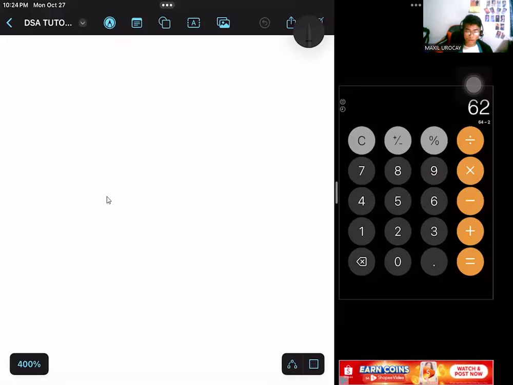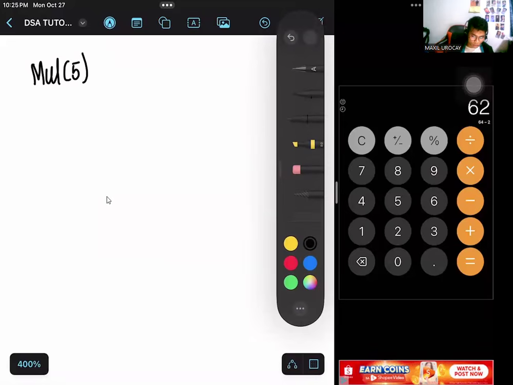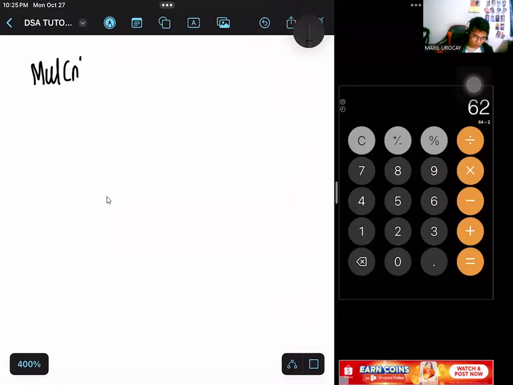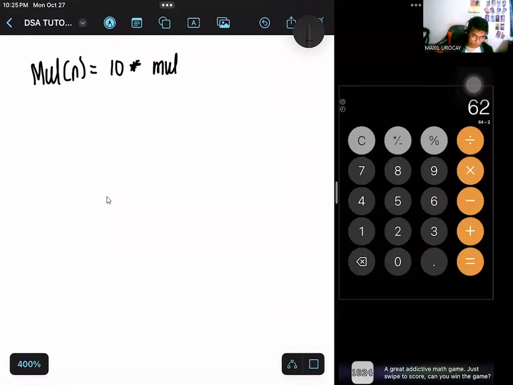So say for example, we are using this formula: mul of n is equal to 10 times mul of n minus 1, plus 2.